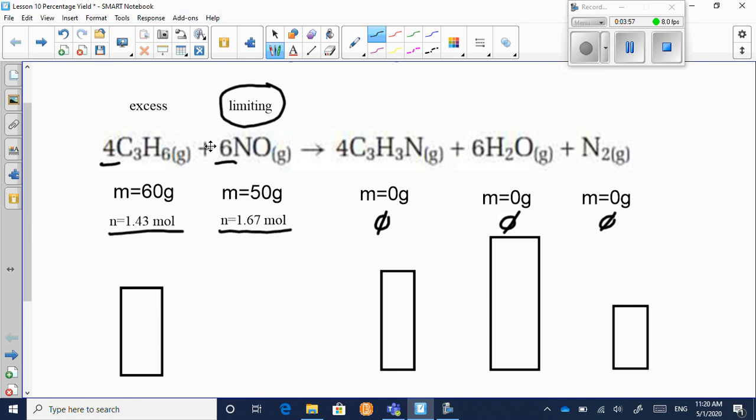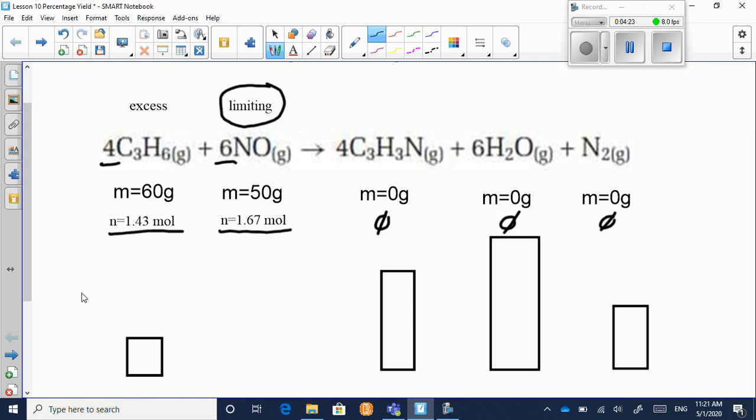Because it's limiting, eventually when it gets to 0 the reaction stops. The other reactant continued to fall, but eventually when the nitrogen monoxide runs out, it stops because the reaction stopped. And so it stops with some amount left over.